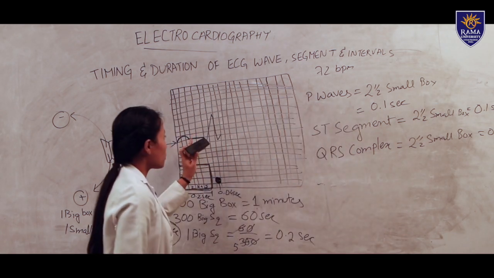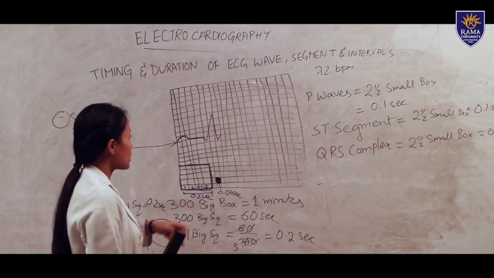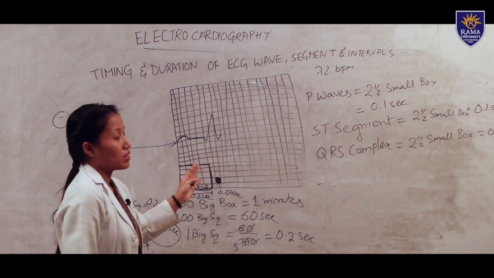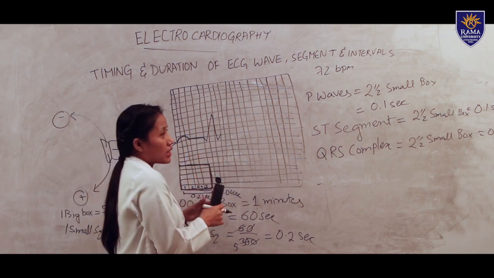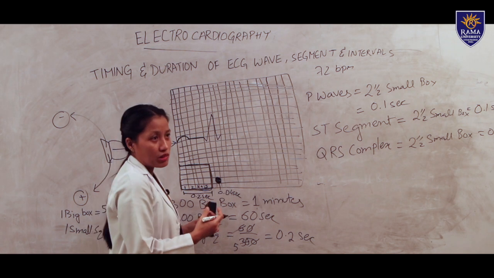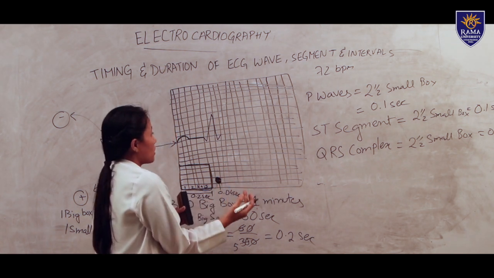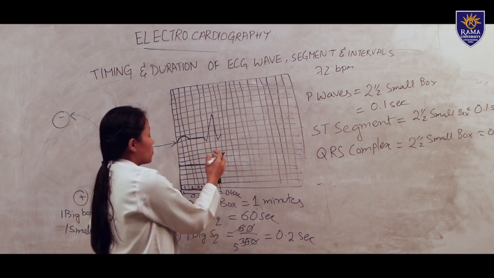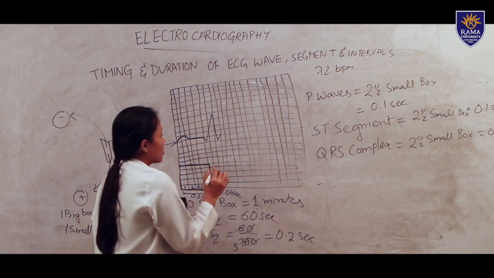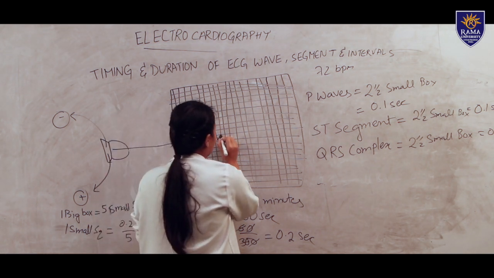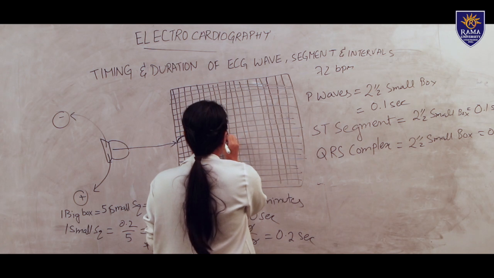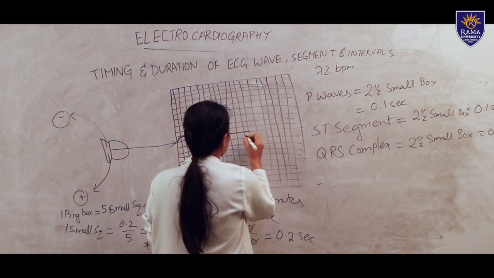After completion of the QRS complex, that is nothing but ventricular depolarization. Before the ventricular repolarization starts, and after completion of the depolarization, it will form an isoelectric line.